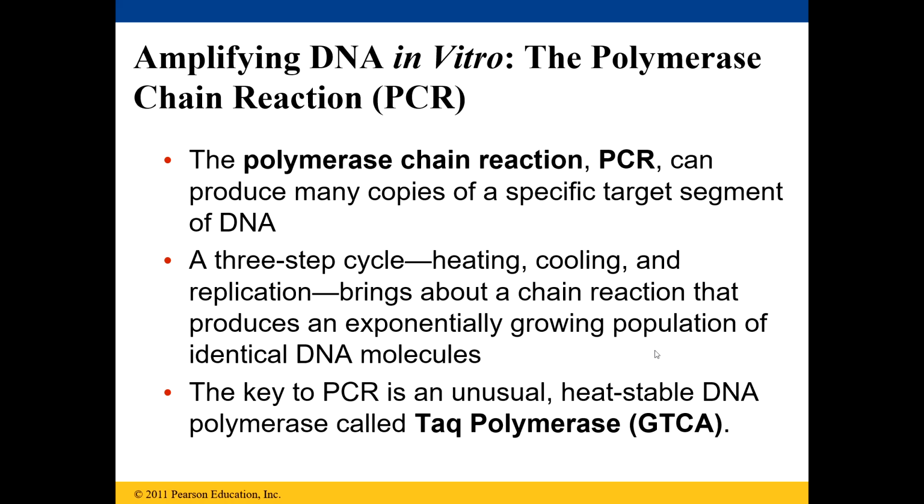And so we were able to use this unusual heat-stable DNA polymerase called Taq polymerase. And you'll hear Taq polymerase used in PCR. We have on our campus a PCR machine that can make copies of that DNA.